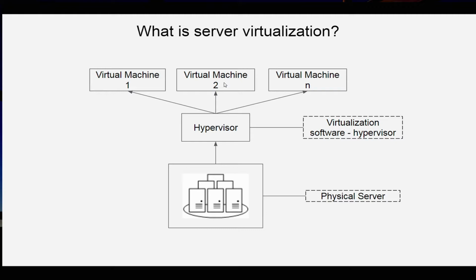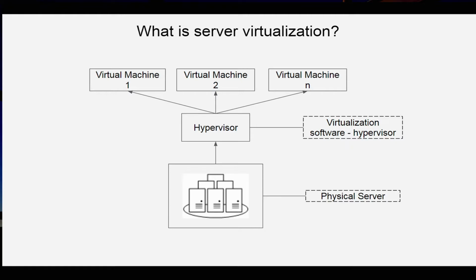For instance, let's say this physical server has 10 gigabytes of storage, and virtual machine 1 needs 5 gigabytes of storage. Virtual machine 2 needs 3 gigabytes, and the last one, virtual machine 3, needs 2 gigabytes. So the job of the hypervisor is to allocate those requested resources to the virtual machines.